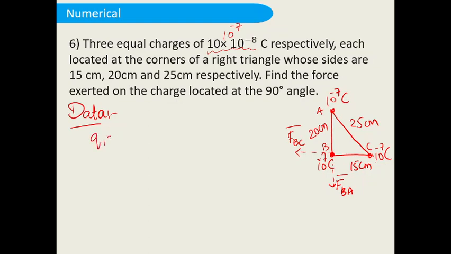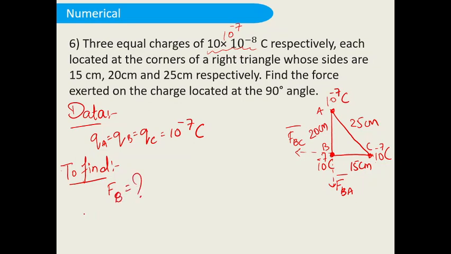Q1 is equal to Q2, or we can say Q at A is equal to Q at B, is equal to Q at C. It is 10 raised to power minus 7 coulombs. Okay, to find is F at position C, this is B, sorry. F at position B is to be calculated.